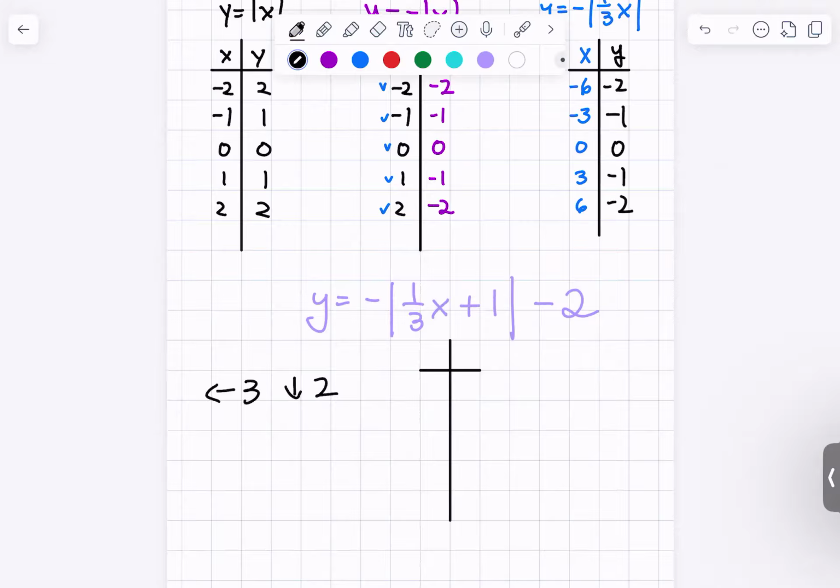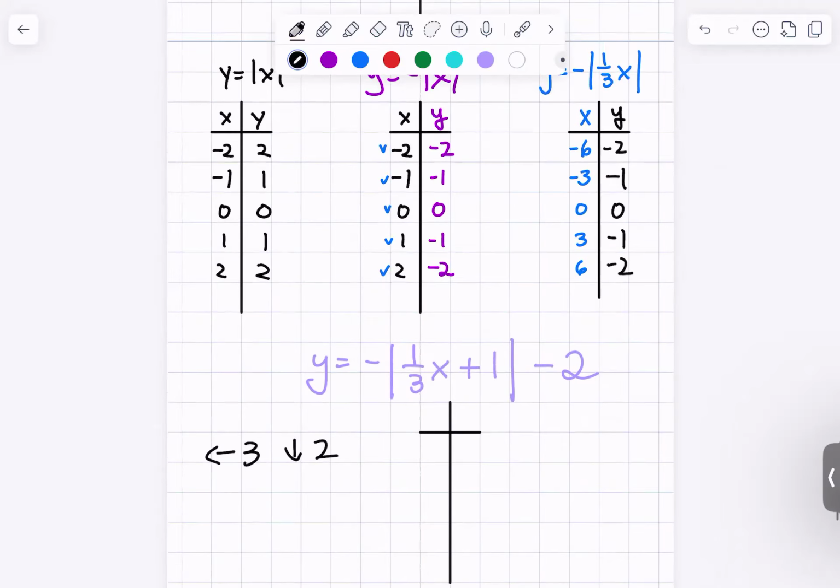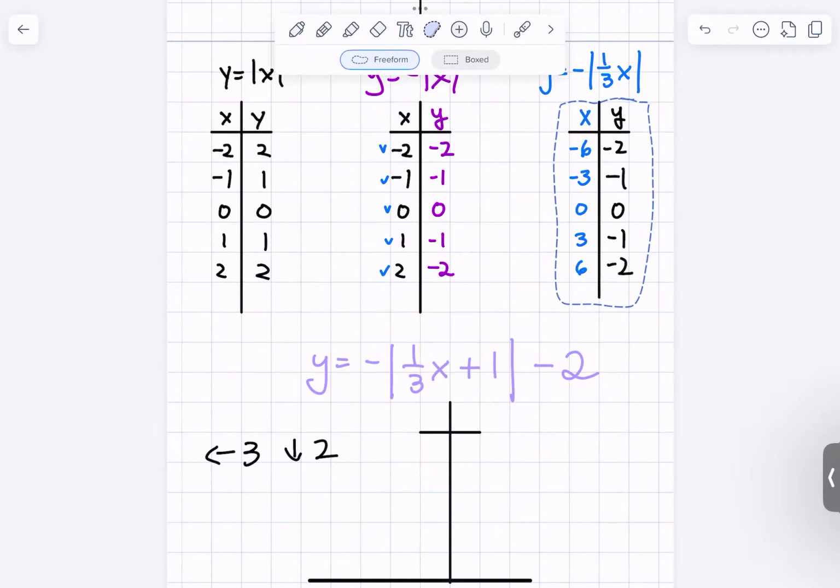If it's left 3 down 2, what's changing? X and y, right? So both of them. So there is no copy and paste here. Well, I'm gonna copy and paste this so that I can see it side by side.